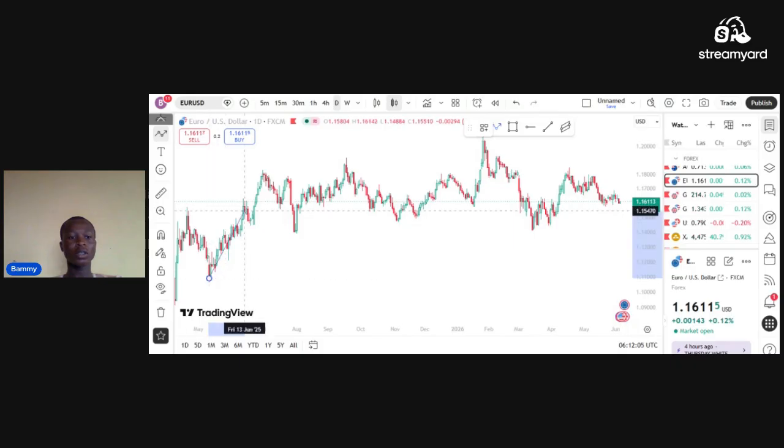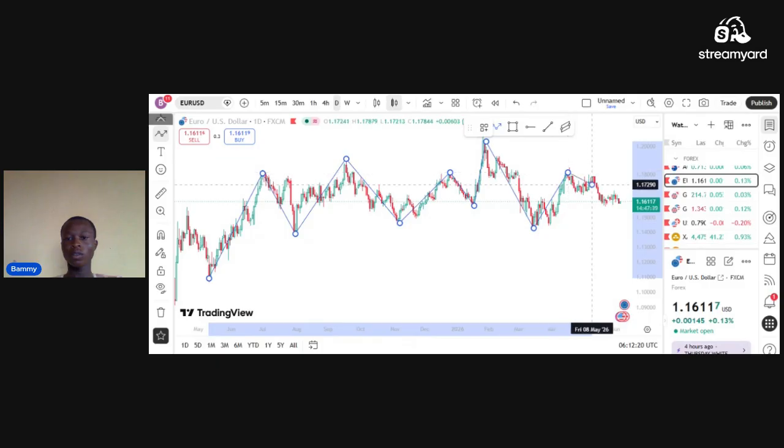It's ranging between this low and this highest high. So we have these ranges here, here, here, here, and the market is currently here.